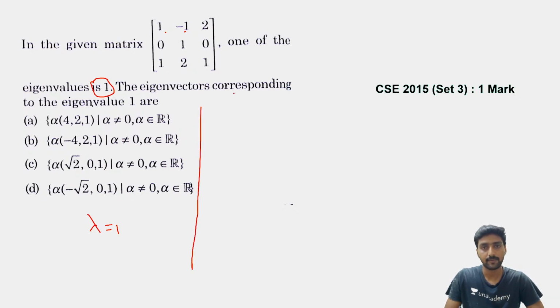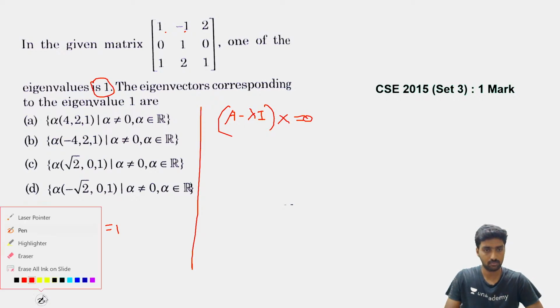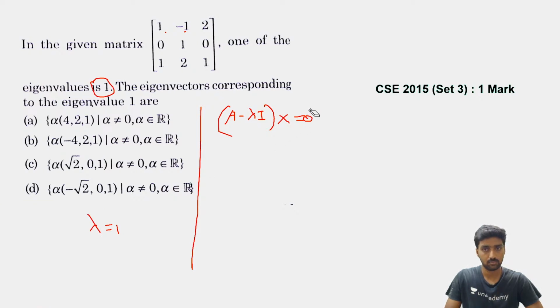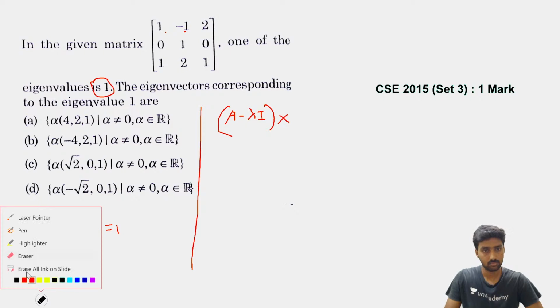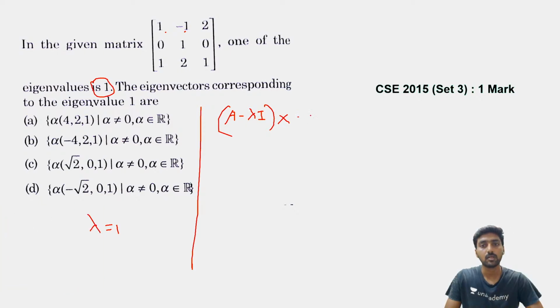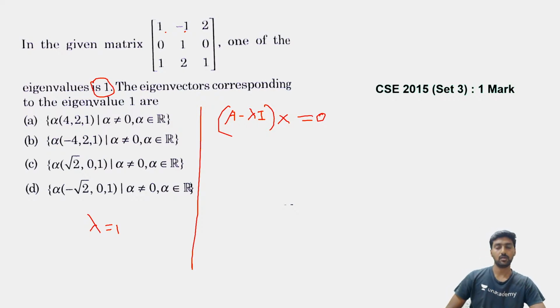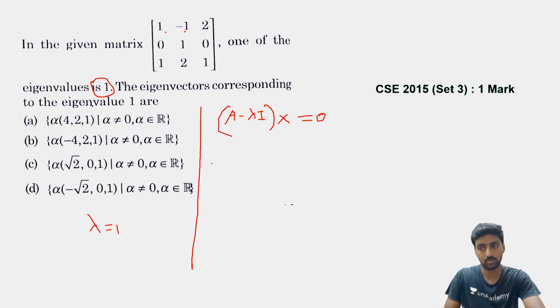It's simple. A minus lambda I into x is equal to 0. I will show you the things one by one.